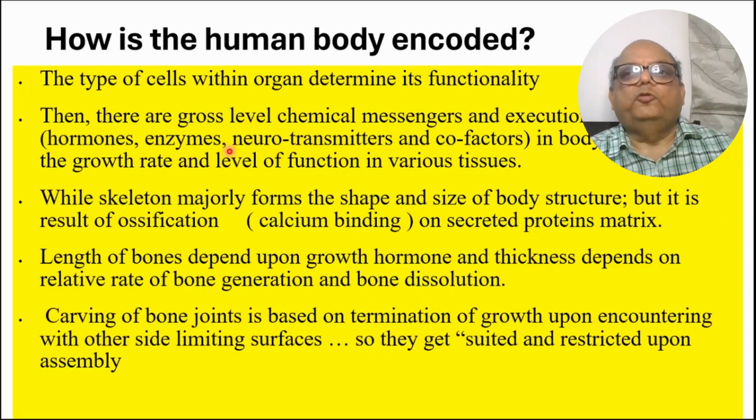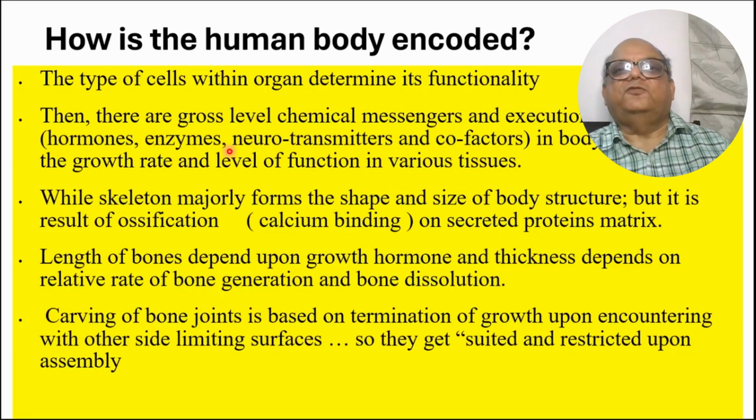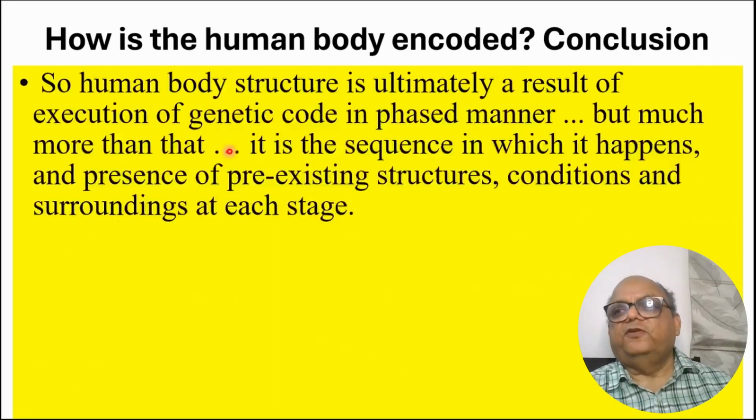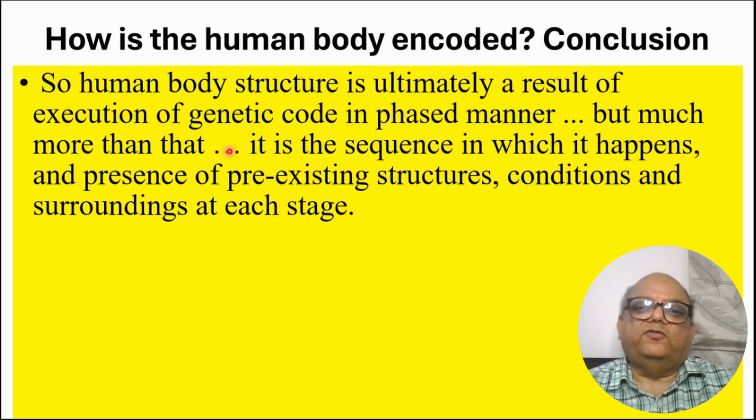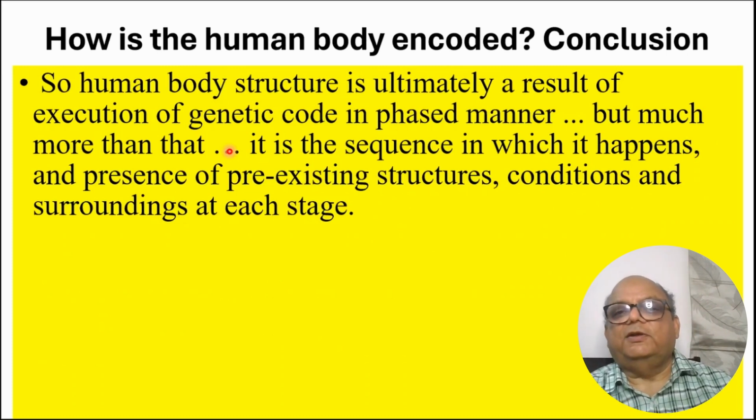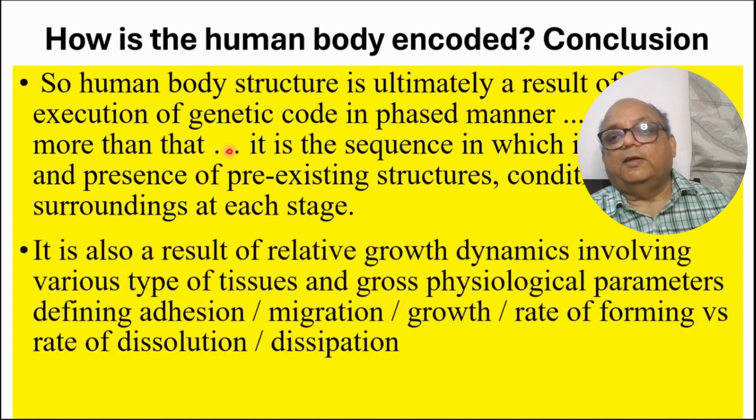So human body structure is ultimately the result of execution of genetic code in a phased manner, but much more than that, it is the sequence in which it happens and the presence of pre-existing structures, supporting conditions and surroundings at each cell, at each stage. It is also a result of relative growth dynamics involving growth of various types of tissues and gross physiological parameters defining the phase of growth of tissue.